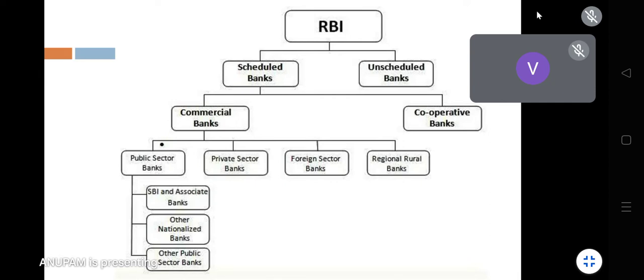Sir, foreign sector bank means its head office is somewhere not in our country, sir. But private sector bank's head office is in India. But from where is the funding coming? Money is coming from private individuals, sir. And in foreign sector?